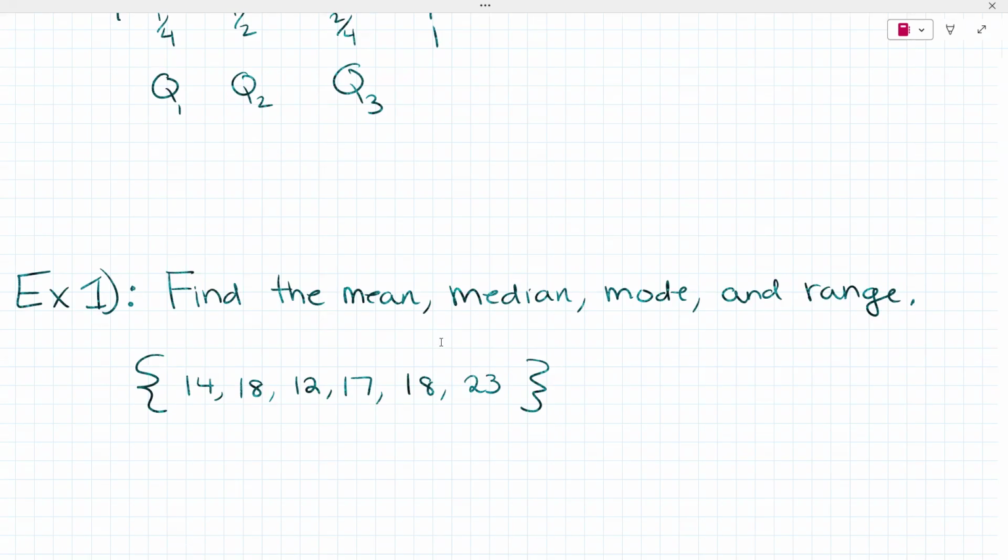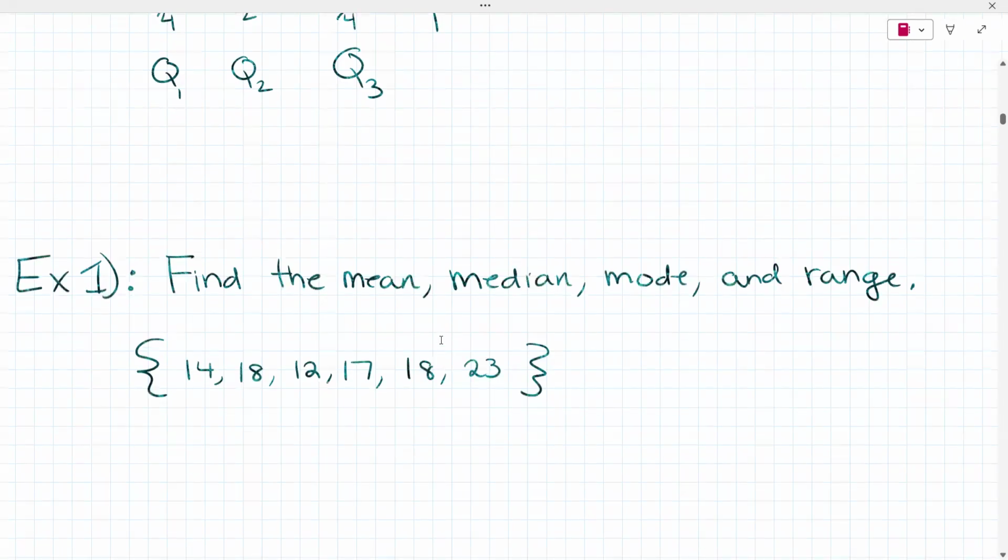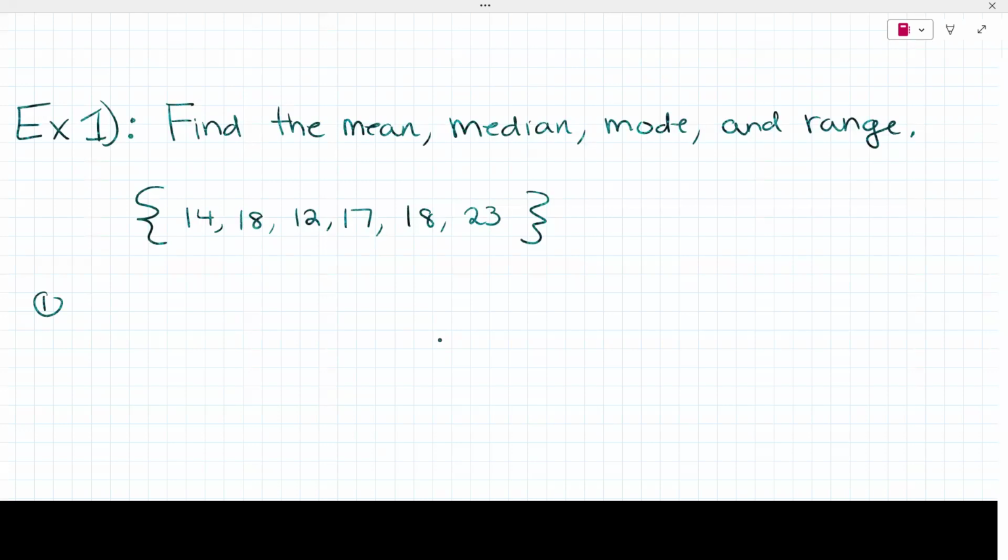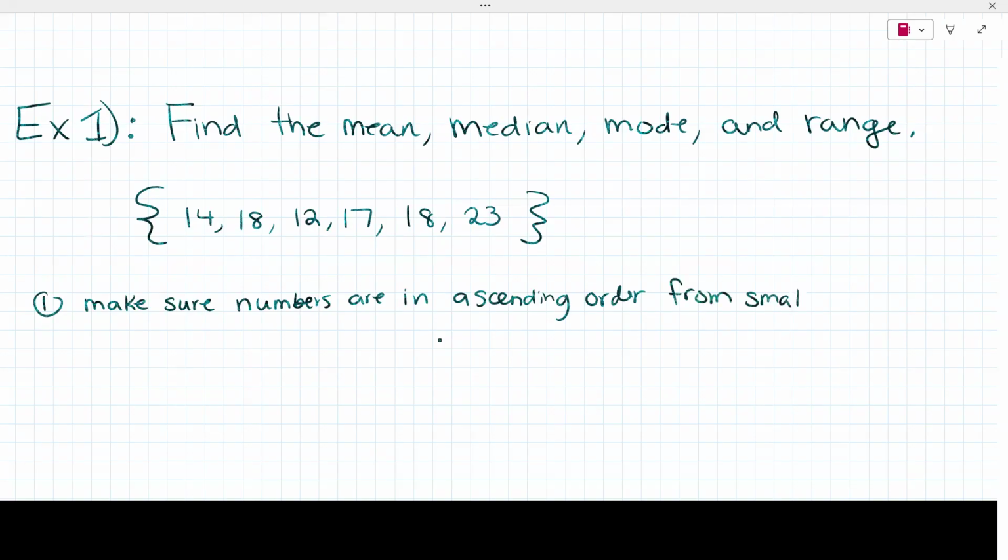Step 1, what I would always do is make sure the numbers are in ascending order, from smallest to largest. That's the first step I would do.